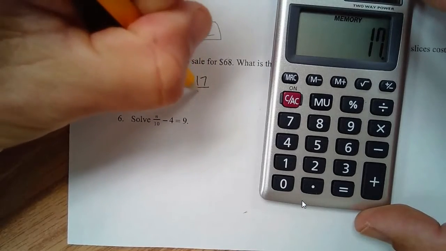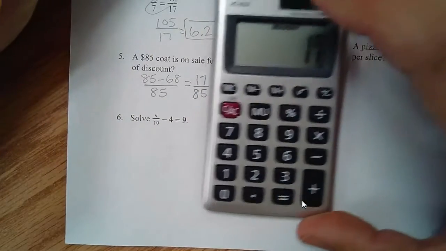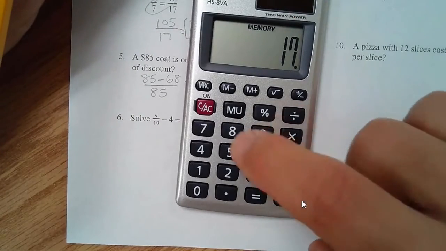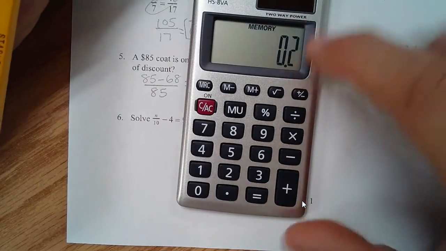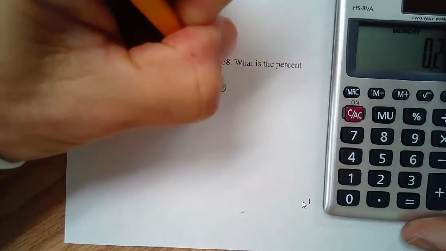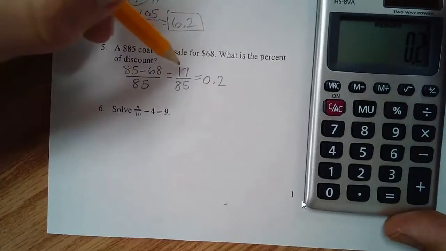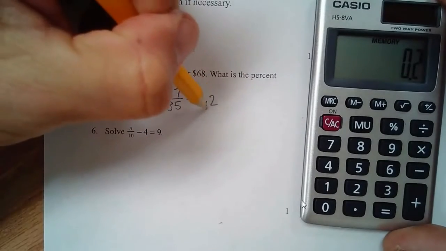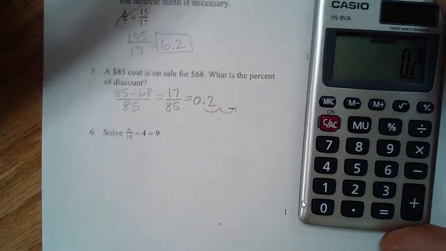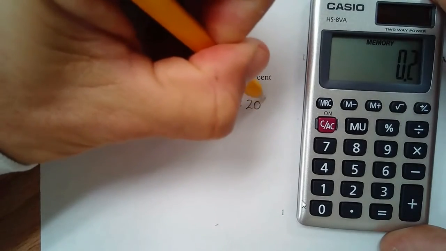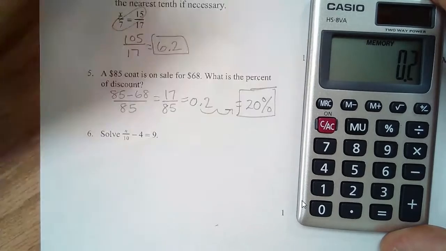And 17 divided by 85 is 0.2. To turn this into a percent, you have to move the decimal 2 places to the right. So that is equal to a 20% discount.